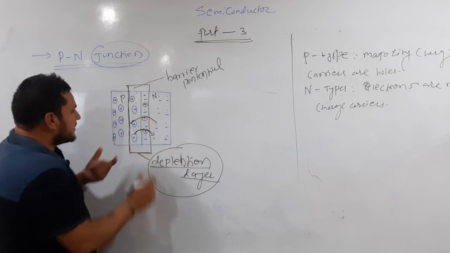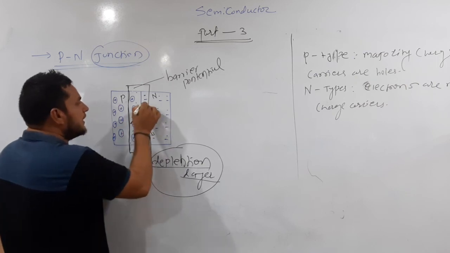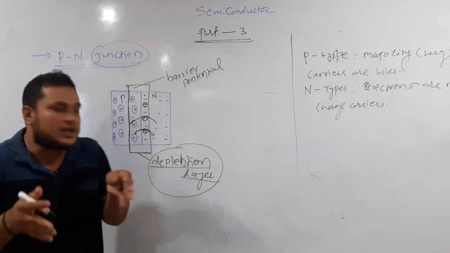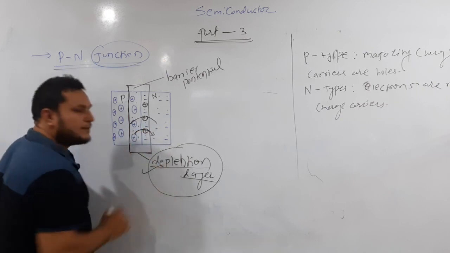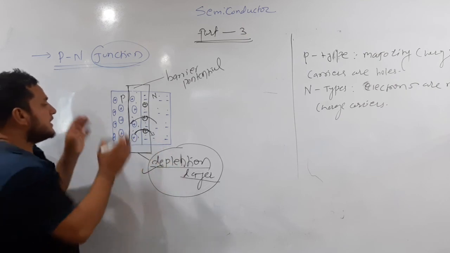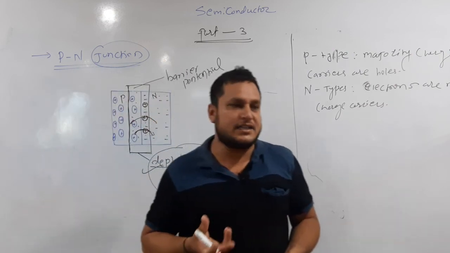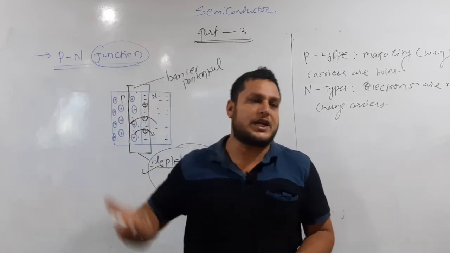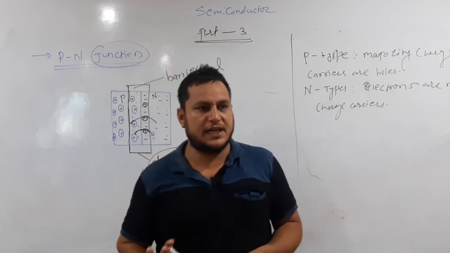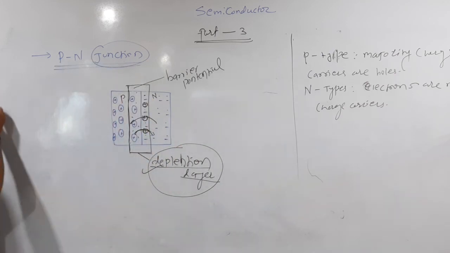After some time we see the presence of electrons in the p region and holes in the n region, due to the formation of the depletion layer. After that, this junction is able to exert a potential, and that potential is called the barrier potential. Clear?